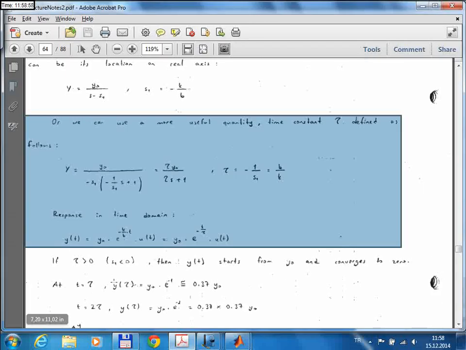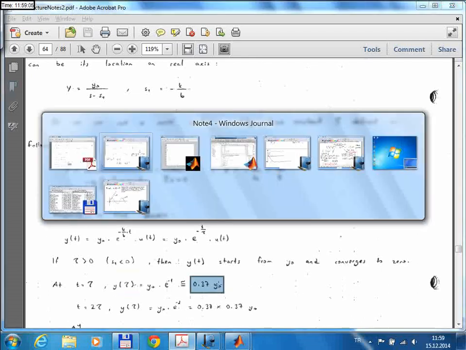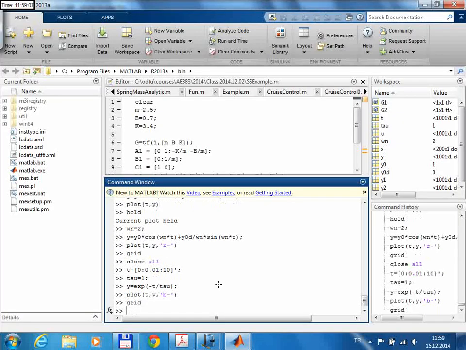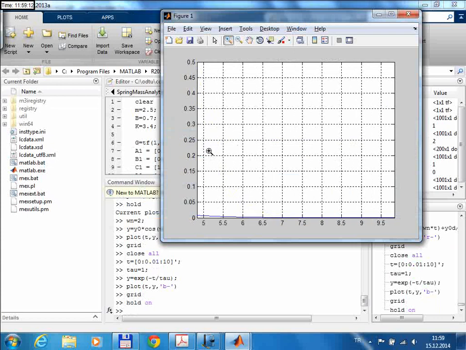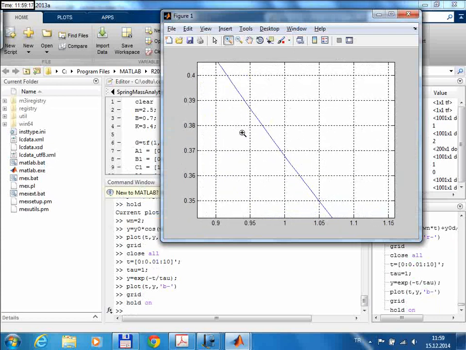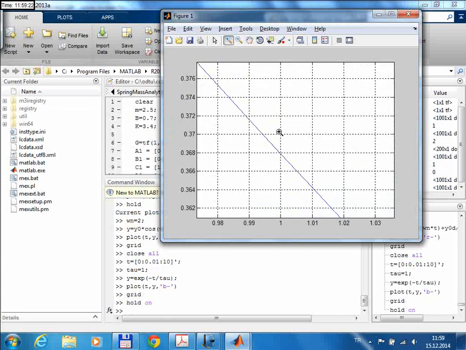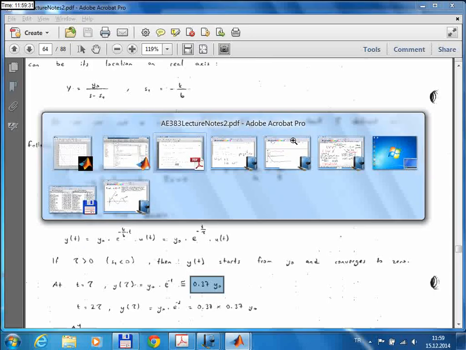For example, at t is equal to tau, the output should be at 0.37 times the initial condition. And let's just verify that. Okay, it's not exactly 0.37, but it's e to power minus 1. This is that value.